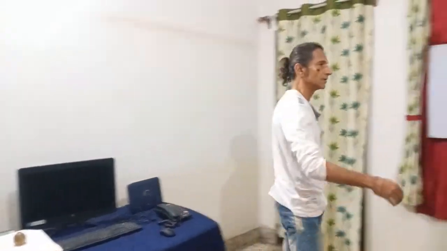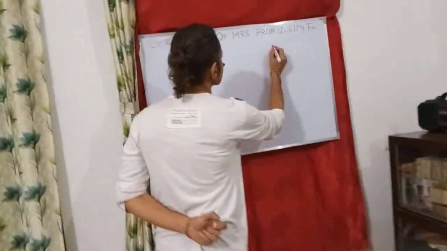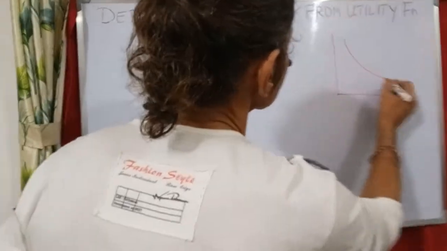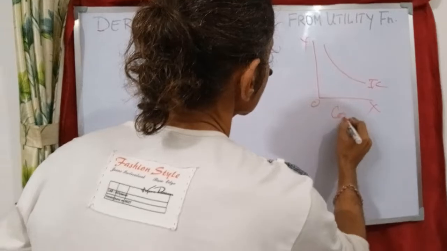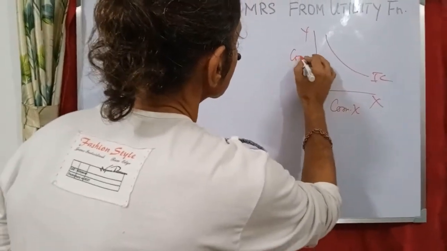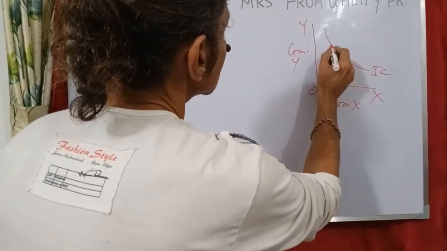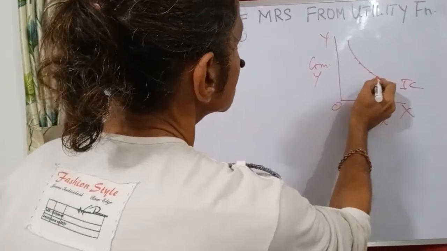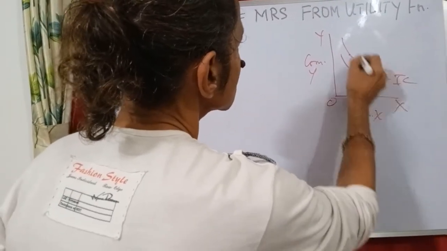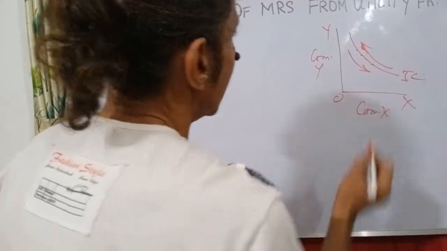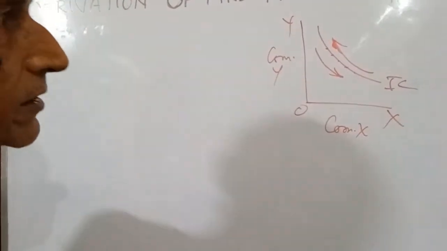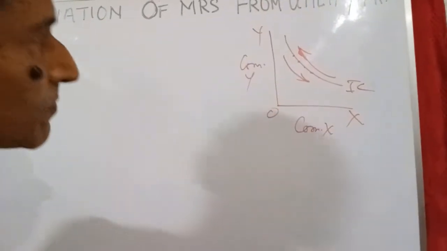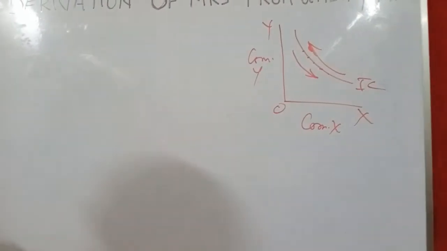So, if we draw an indifference curve, commodity X, commodity Y. As the consumer slides down the IC from here to here, he gets the same utility.